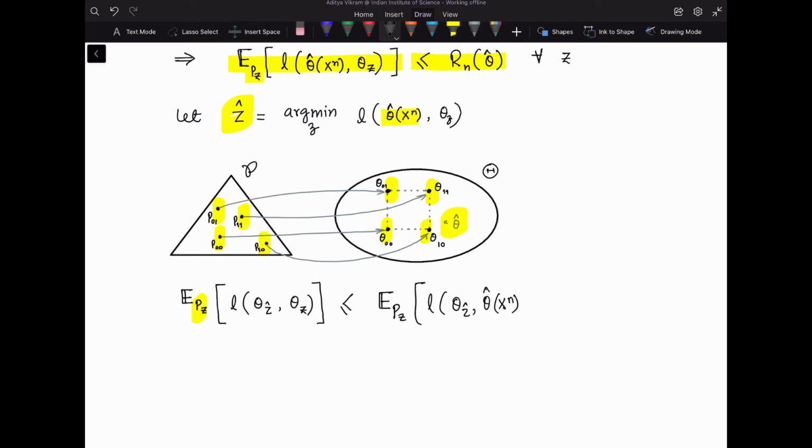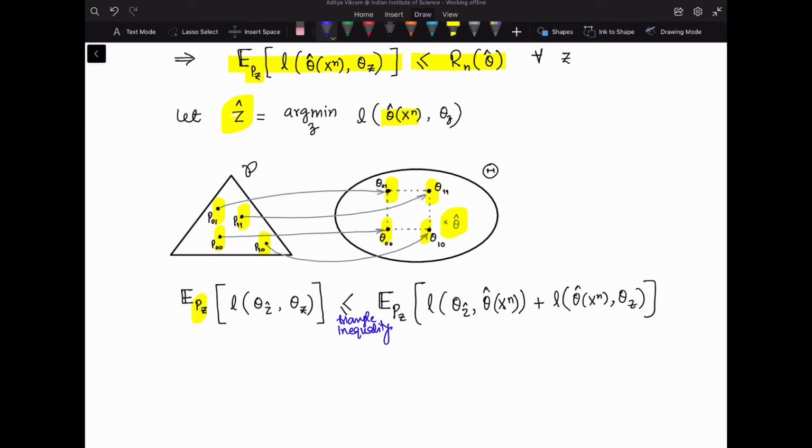We have some guarantees for the loss between theta hat and theta_z. So to exploit that, we introduce this theta hat. Okay, so this is just by the triangle inequality. So we needed L to follow the triangle inequality even in our earlier derivation for Fano's method.